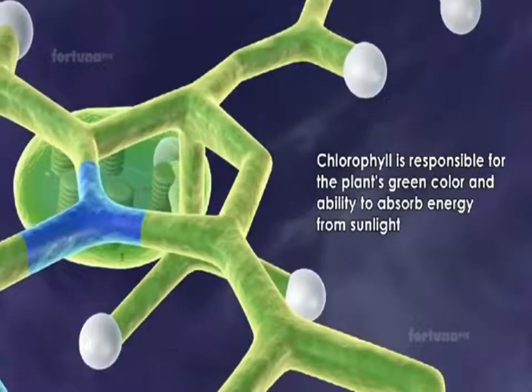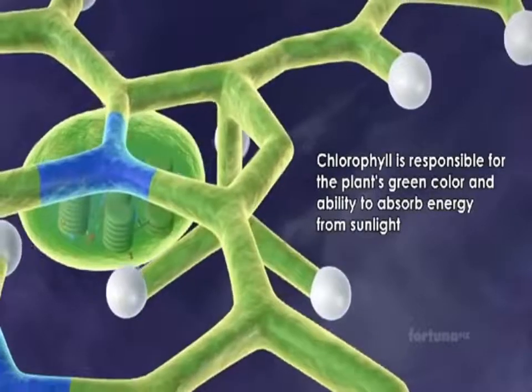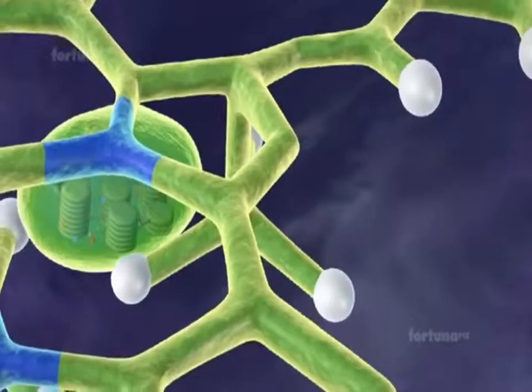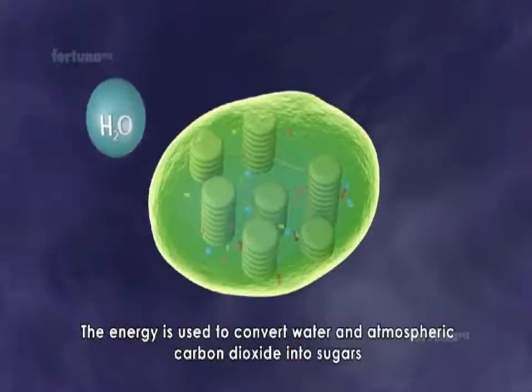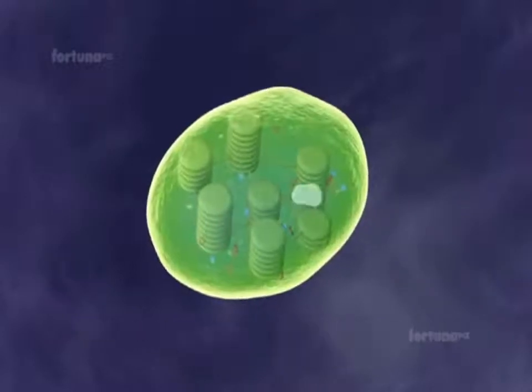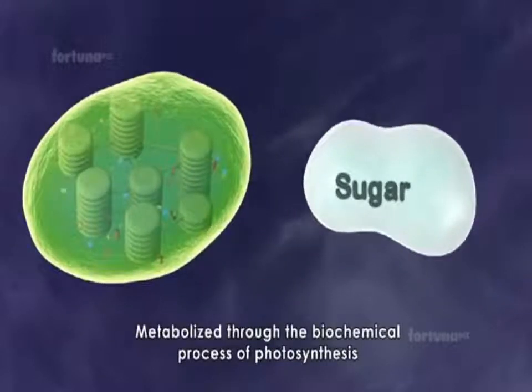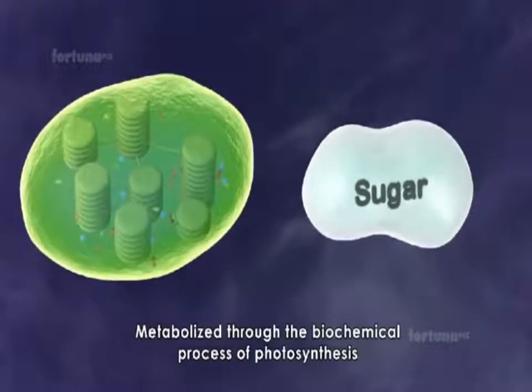Chlorophyll is responsible for the plant's green color and ability to absorb energy from sunlight. This energy is used to convert water and atmospheric carbon dioxide into sugars that can be metabolized through the biochemical process of photosynthesis.